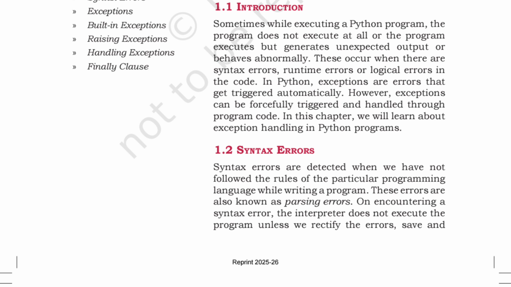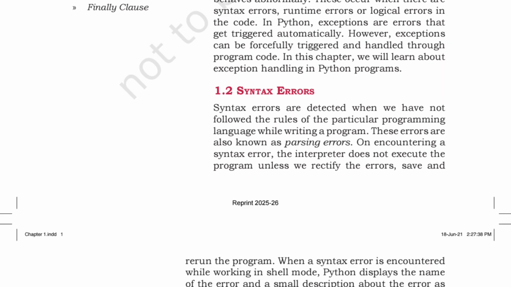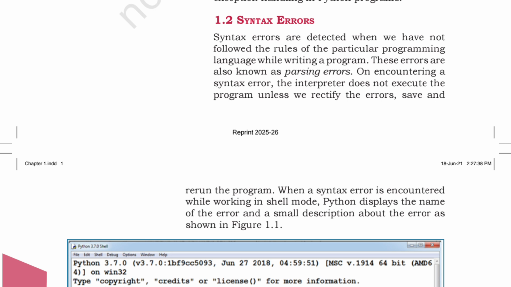On encountering a syntax error, the interpreter, or we can say it as a compile time error, does not execute the program unless we rectify the error. Save and rerun the program. When the syntax error is encountered while working in the shell mode, Python displays the name of the error and a small description about the error as shown in the figure.